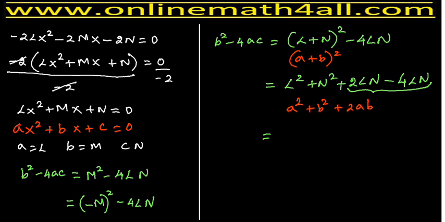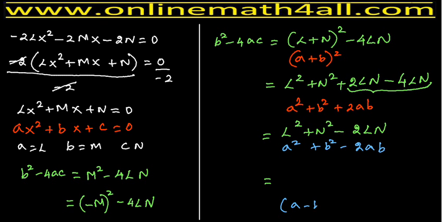In the next step I'm going to simplify these two terms. When I simplify positive 2 ln negative 4 ln, I'll be getting l square positive n square and negative 2 ln. So it's in the form of a square positive b square negative 2ab. If I have terms like this, we have an identity for this one, that is a negative b the whole square.